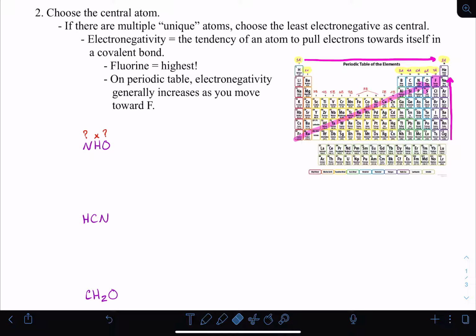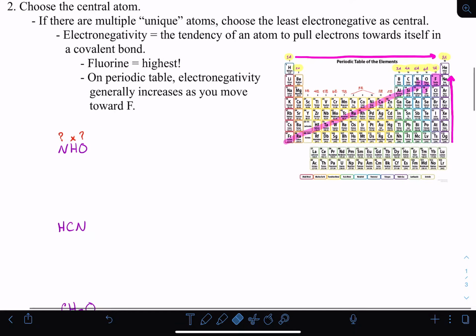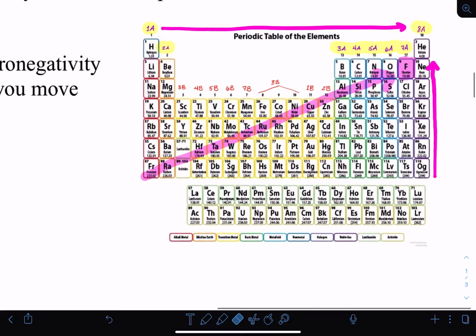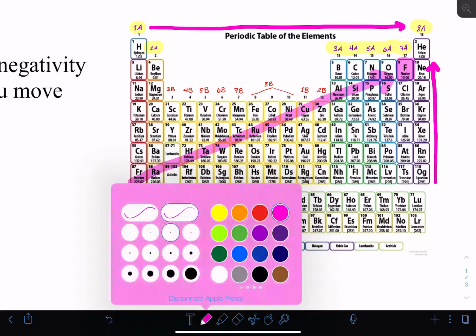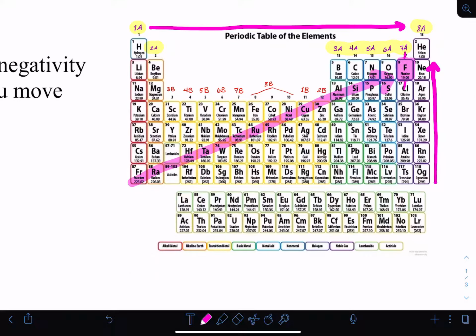Generally speaking, there's a trend on the periodic table for electronegativity. Fluorine has the highest electronegativity of all of the elements, so that's what we're comparing everything else against. Fluorine pulls harder on electrons than any other element. In general, as you move towards fluorine on the periodic table, your electronegativity increases.